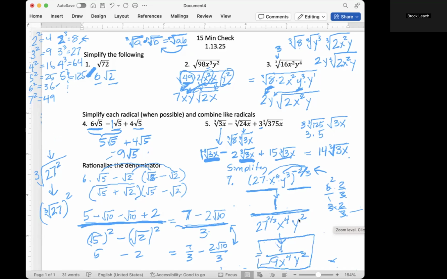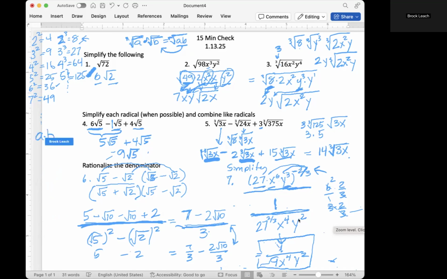So I want to contrast a couple of things because these are things that trip people up. When we have this group of factors, group of things being multiplied, I didn't want them to go away. This was y to the 3rd. So we had 27 times x to the 6th times y to the 3rd, and then they were all raised to the 2/3 power.